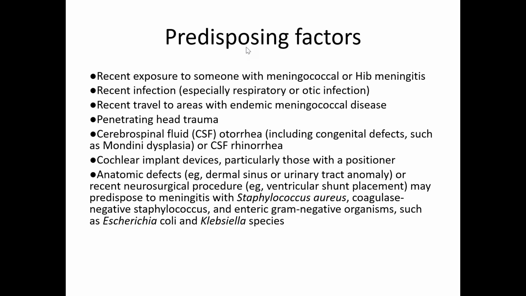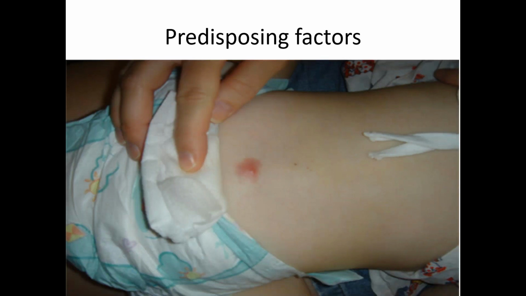Then obviously cochlear implants, if they get infected, and any anatomical defects like dermal sinuses, or if we make a defect like a VP shunt is there and the patient has a peritonitis, there will be an ascending infection of the brain. All those things, if they occur, predispose to a meningoencephalitis-like phenomenon. So essentially it is a break in the normal defense mechanisms which God has given us. So these are cases where the patient has a VP shunt which is exteriorizing.